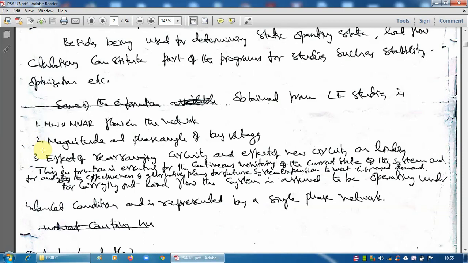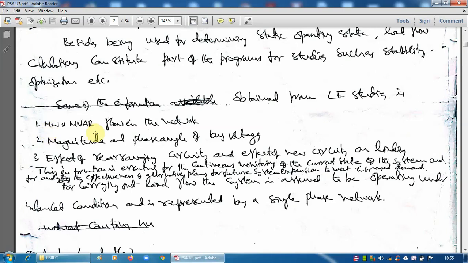So what I said here, it is mentioned. Some of the information or results obtained from load flow studies are, you see, MW and MVAr flowing in the network. That means, as I said, active and reactive power flow in all the lines. Flow in the network means flow of power in all the lines.